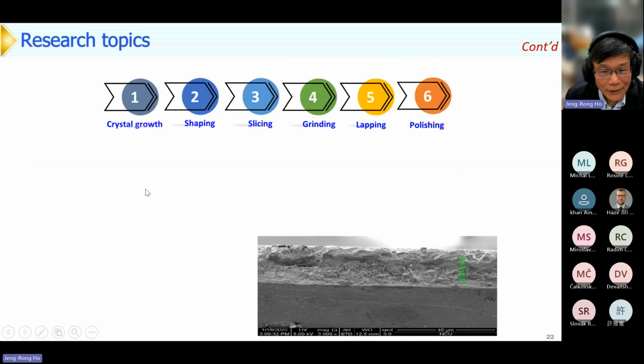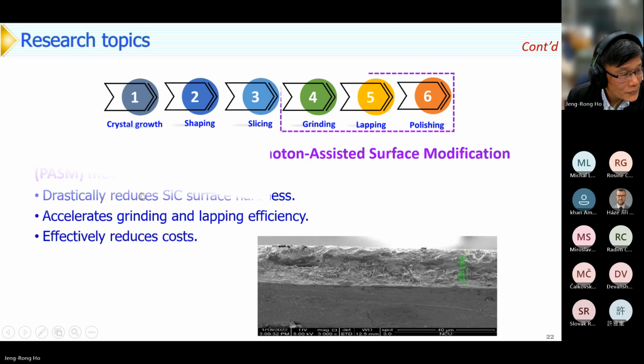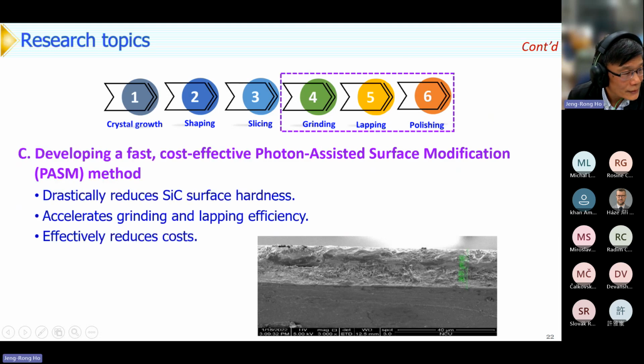And the third topic is we are developing a very fast and cost-effective method. We name it photon assist surface modification method.